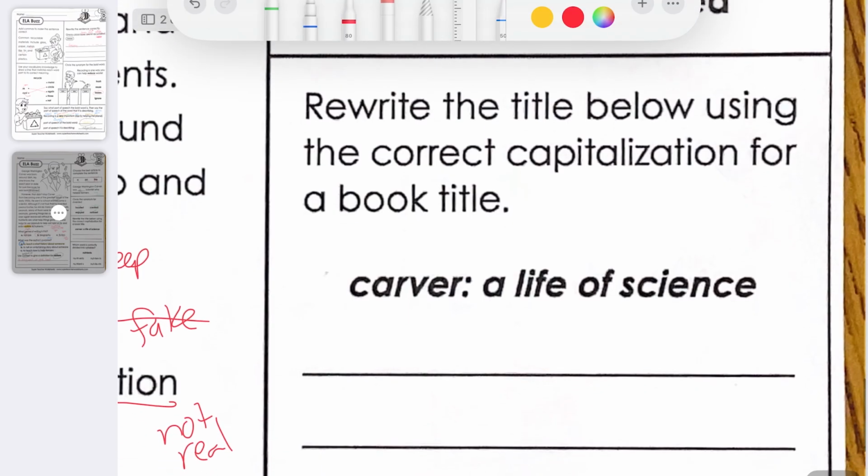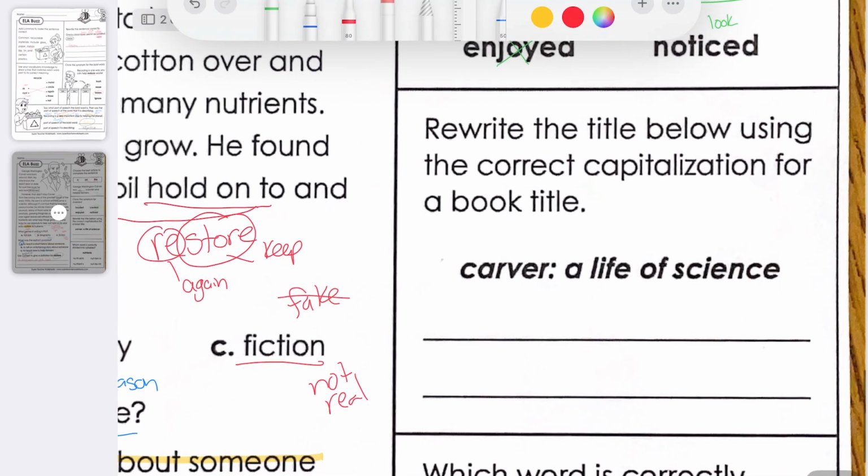Rewrite the title below using the correct capitalization for a book title. Carver, A Life of Science. Well, right away, Carver is his name. Names are capitalized. Carver. This is a colon. Usually a colon acts kind of like a period or prepares for a list, but it can also be in a title.